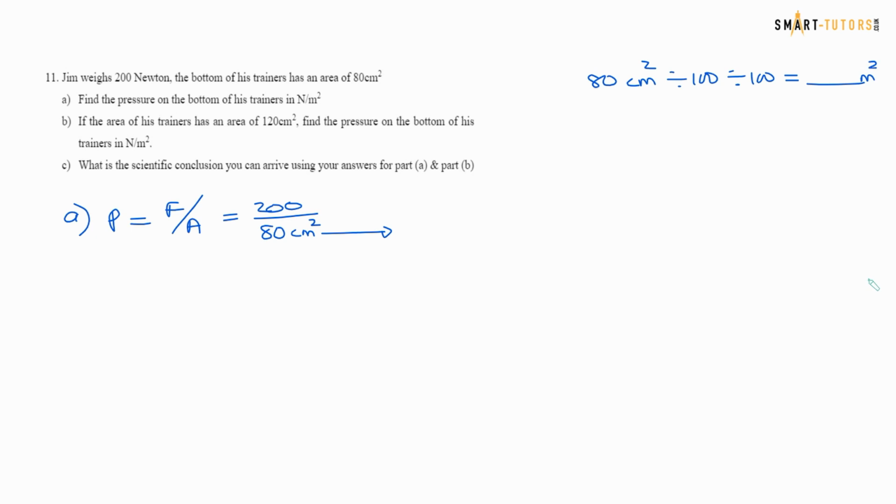So 80 divided by 100 is 0.8, and then divide by another 100, which is 0.008 meter squared. So that is the area. Now 200 divided by 0.008 is the pressure on the bottom of the trainers.